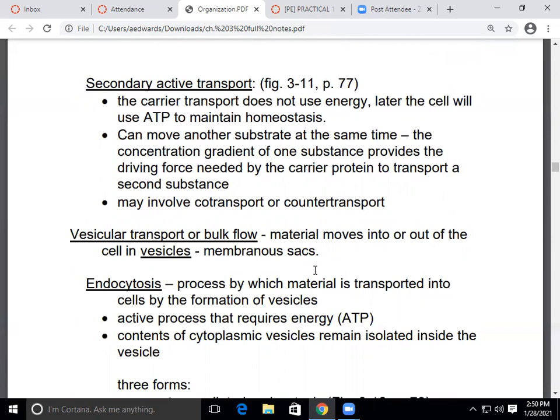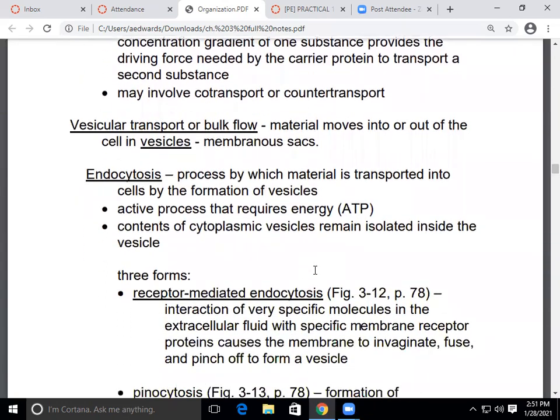The concentration gradient of one substance is going to basically create the energy, or the driving force, for that protein to transport something else. All right, and so this could involve co-transport, where they go in the same direction, or counter-transport, where the molecules go in opposite directions.